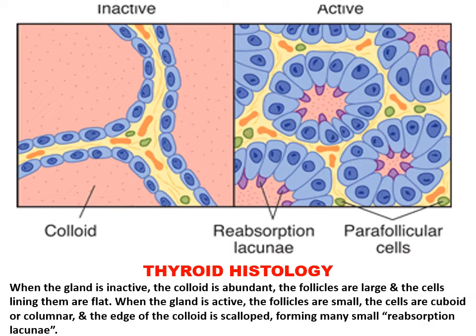Each spherical follicle is surrounded by a single layer of polarized epithelial cells and filled with pink staining proteinaceous material called colloid. Colloid consists predominantly of the glycoprotein thyroglobulin.